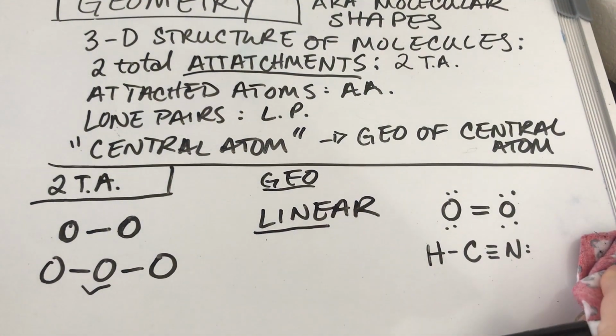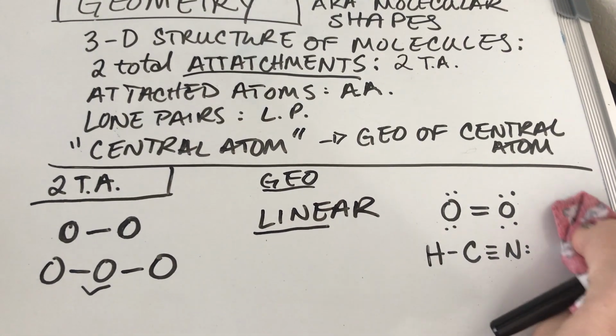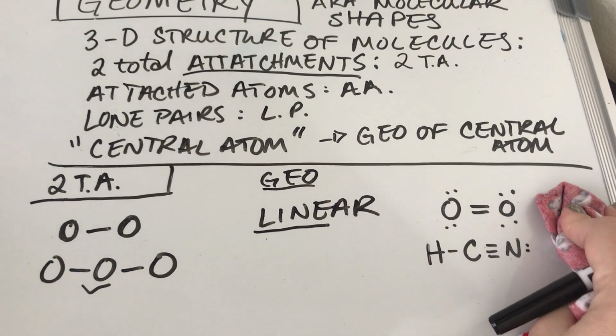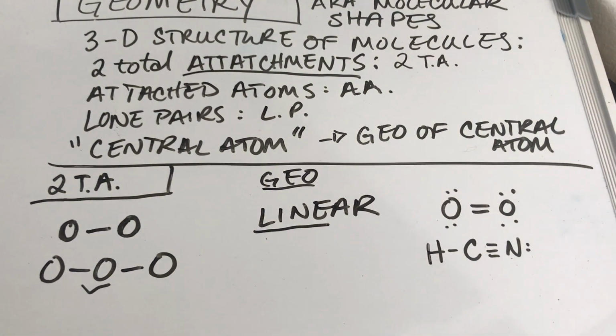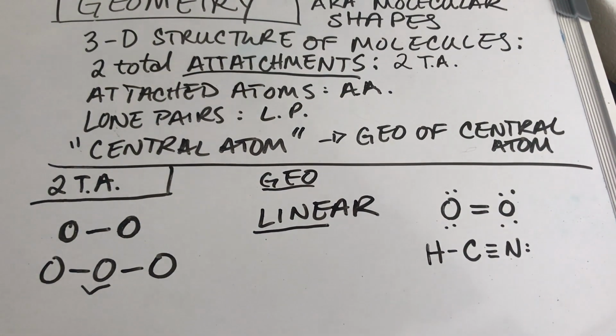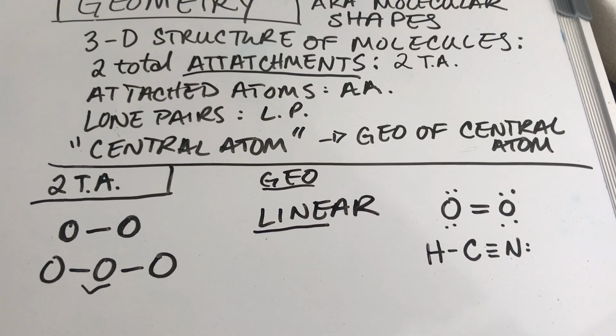Okay, so is everybody comfortable with the linear geometry? It's pretty straightforward, right? Okay. I think Jesse had a question in the chat. Yeah, so that's kind of a weird one, right?